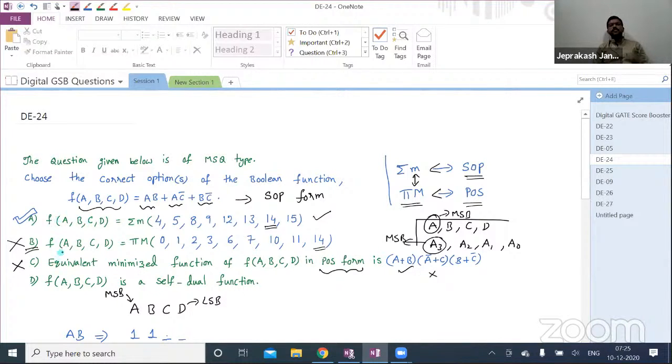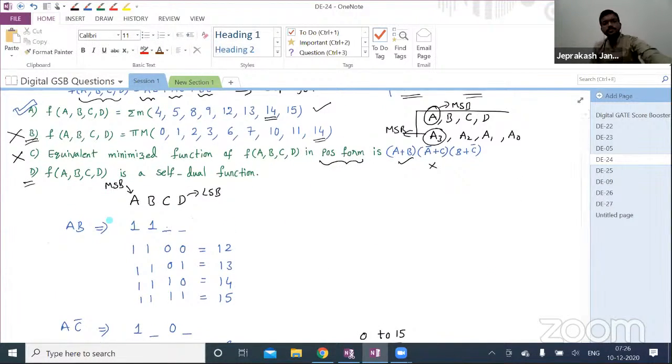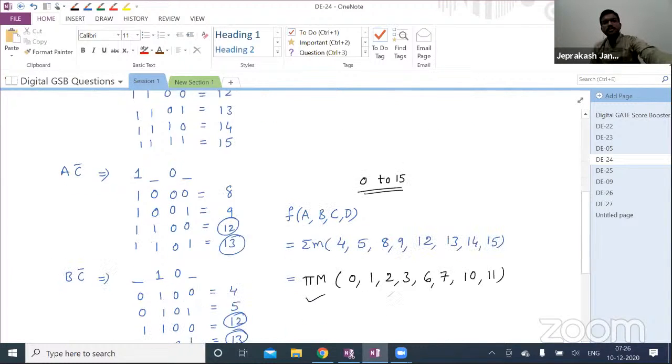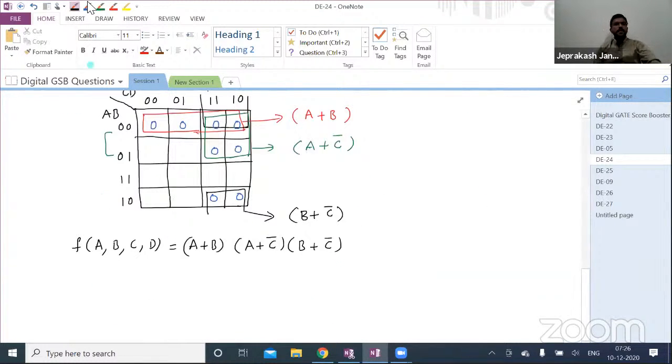So up to now we verified 3 choices, only option A is true. Now we have to verify option D, whether it is a self-dual function or not. What do you mean by self-dual? Any idea? Yes, the function has the corresponding dual also the same, right?